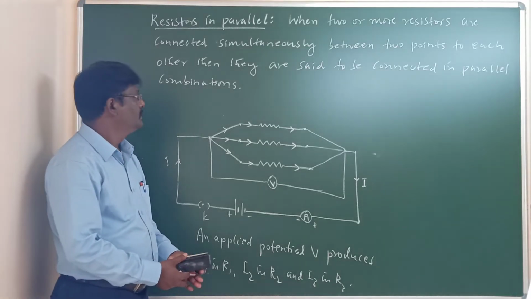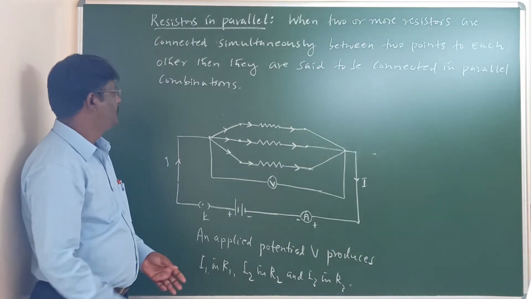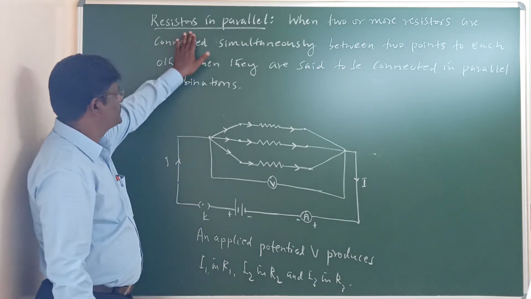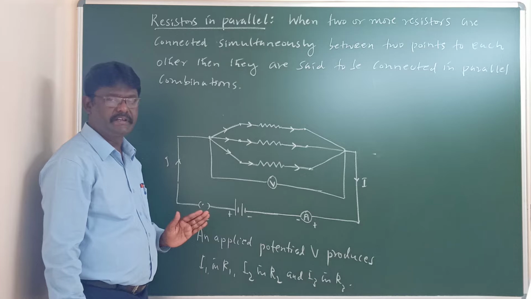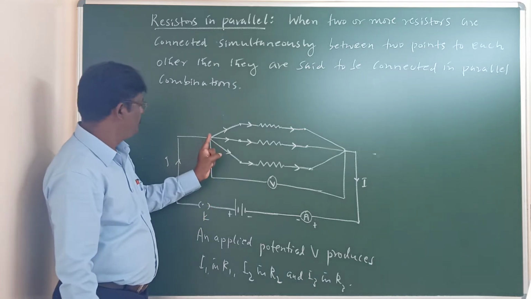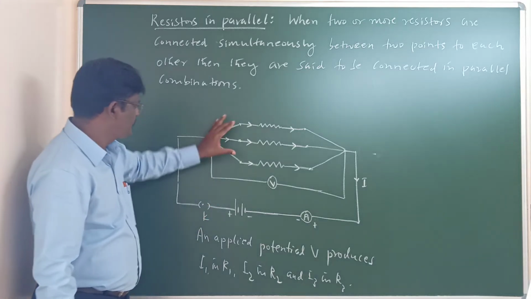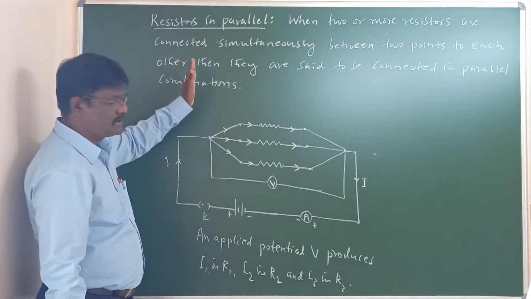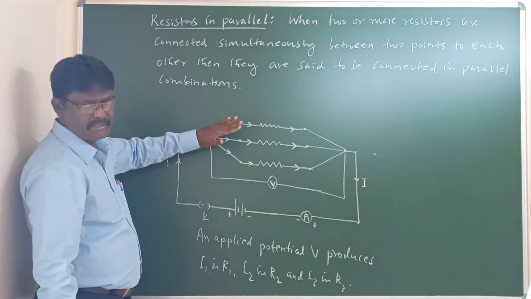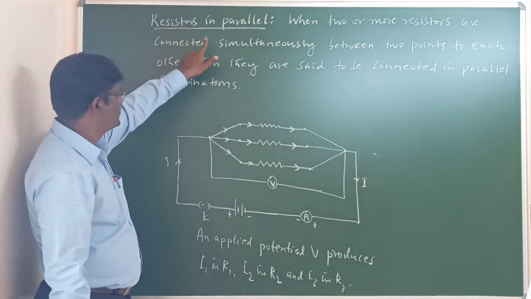Okay children, now the second method of connecting resistors is resistors in parallel. In this case, two or more resistors are connected simultaneously between two common points. So this is what we say parallel combination, parallel connection. Look at now, resistors in parallel.